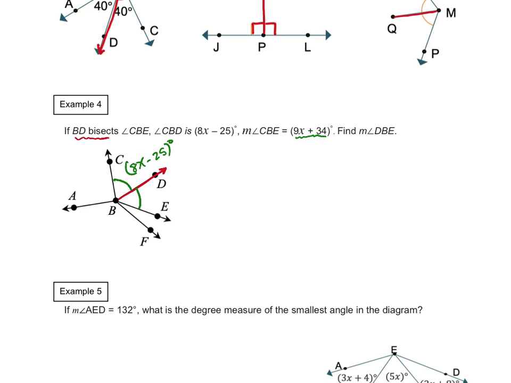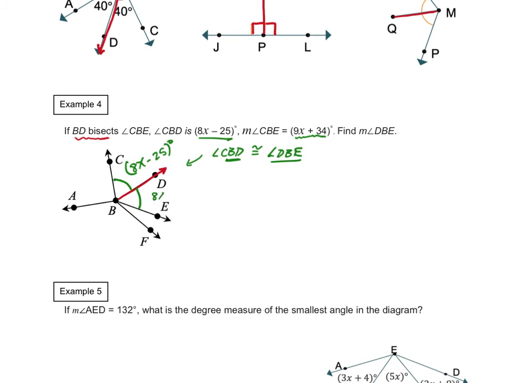Okay, well, let's see here, some substitution. Looking at this, I know that angle CBD is congruent to angle DBE because it was bisected and these two pieces are equal. So if CBD is equal to 8x minus 25, then DBE is equal to the same.